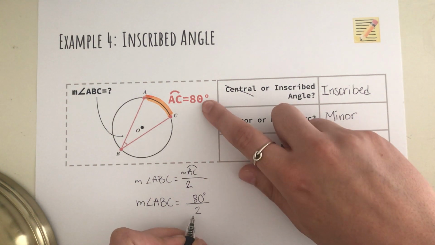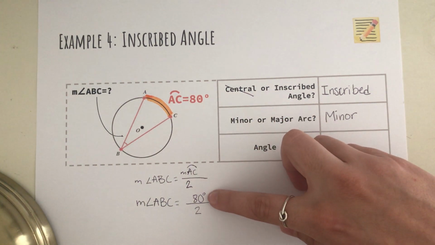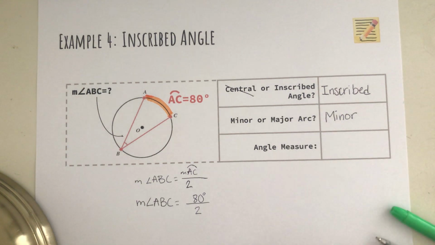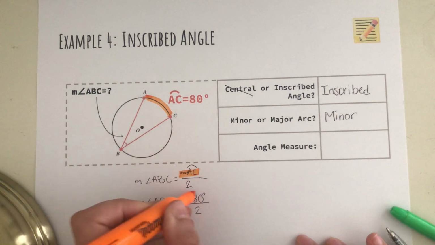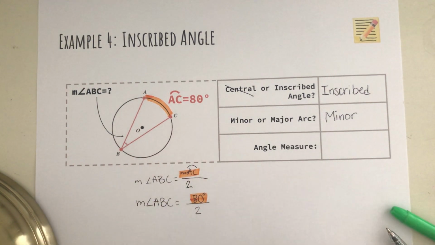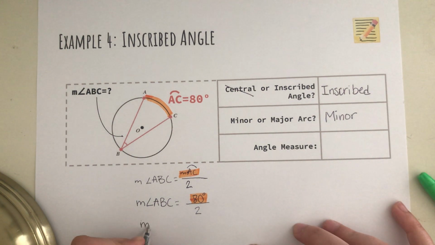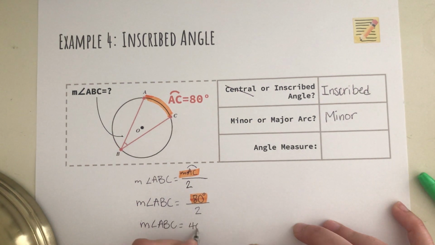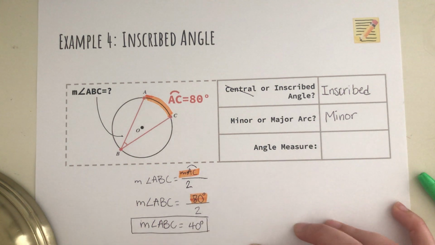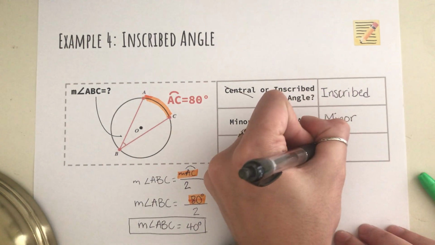So arc AC is 80 degrees, so I plug that in here. I'll highlight that orange. And 80 divided by 2 is 40 degrees. So the measure of angle ABC equals 40 degrees.